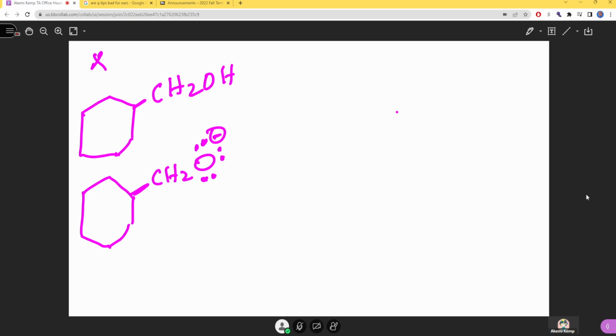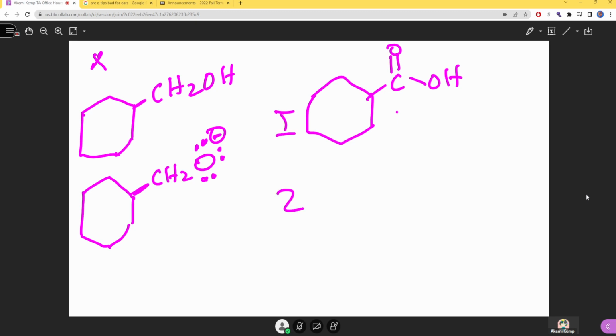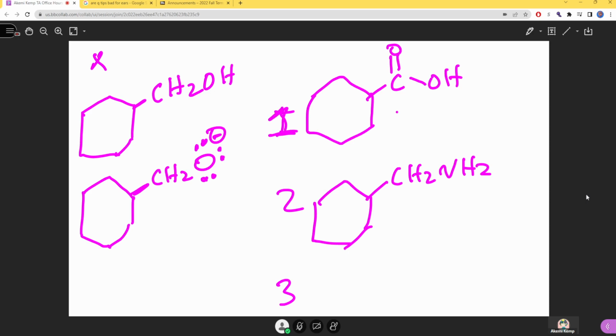Now we're trying to see if we can deprotonate this. So 1, 2, which is CH2NH2, and 3, which is CH2CH3.